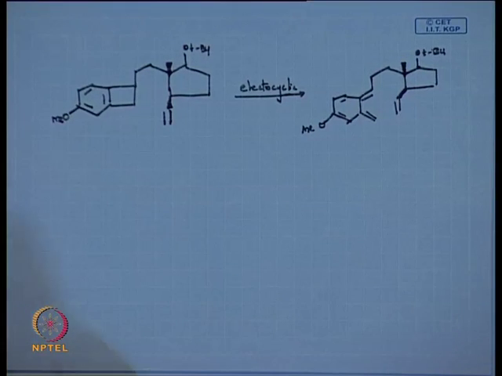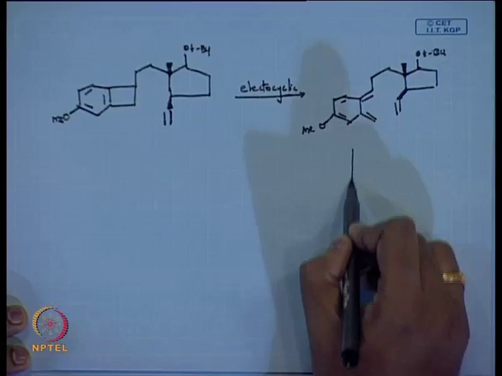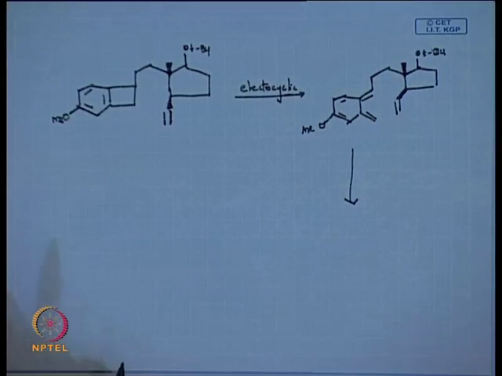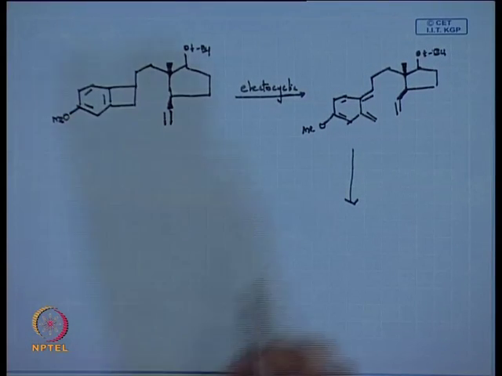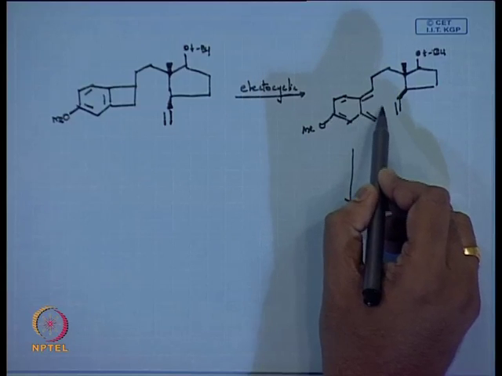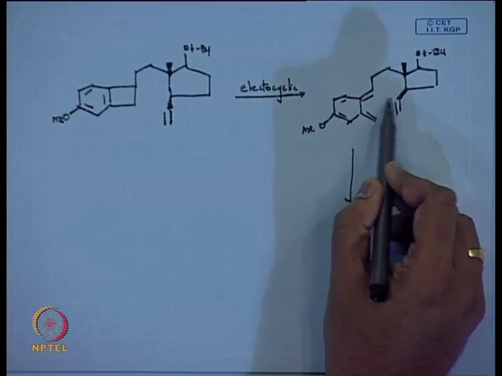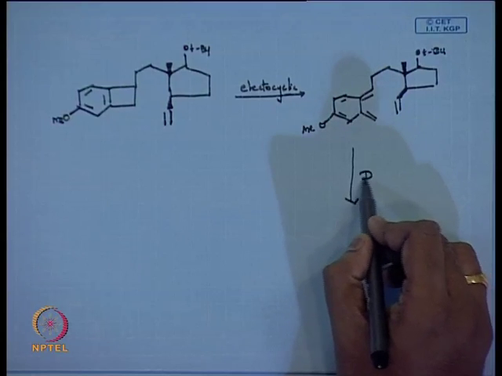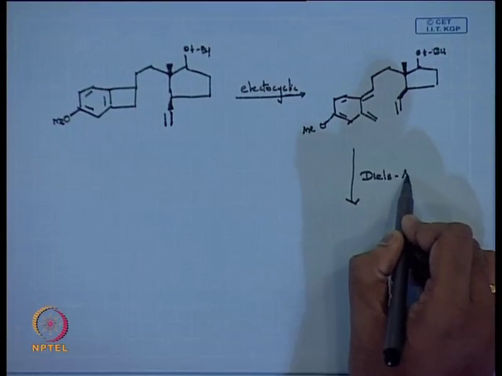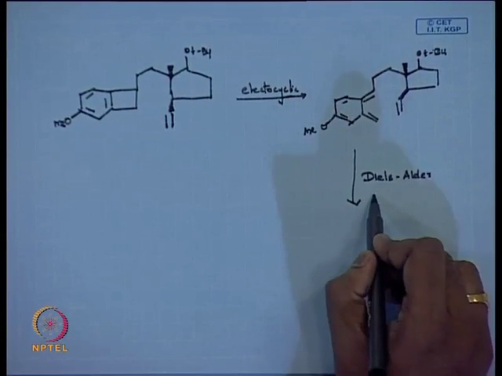Now you can see you have a system which can undergo a type of Diels-Alder, right, because you have a very good diene system here and you have a dienophile. It can undergo a nice Diels-Alder reaction.